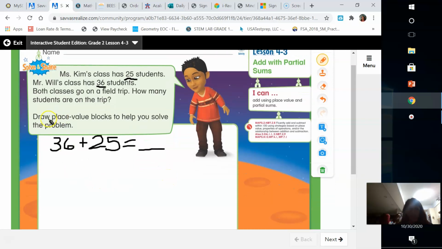So the first thing it says is to draw place value blocks to help us solve. So I'm going to do 36. 36 has 3 tens and 1, 2, 3, 4, 5, 6 ones. 25 has 2 tens and 1, 2, 3, 4, 5 ones.